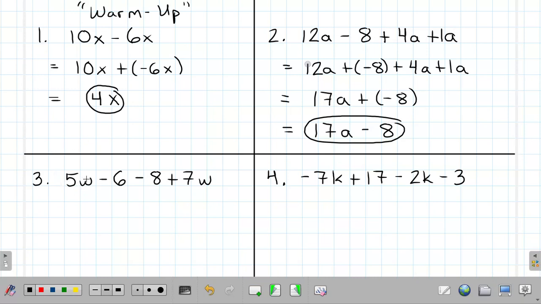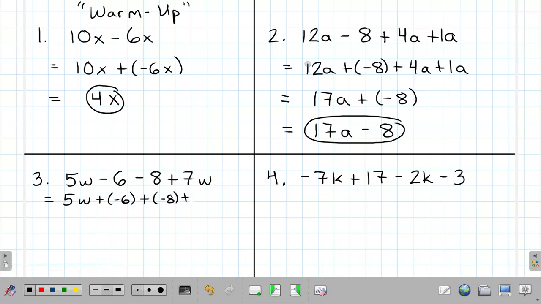Number 3, 5w minus 6 minus 8 plus 7w. Once again, some of you might be clever enough to say 5w plus 7w is going to give me 12w. Minusing 6 and then minusing 8 is the same thing as minusing 14. So the answer is going to be 12w minus 14. But like I said, it doesn't hurt to write this as a sum so you can clearly see what am I adding together here.